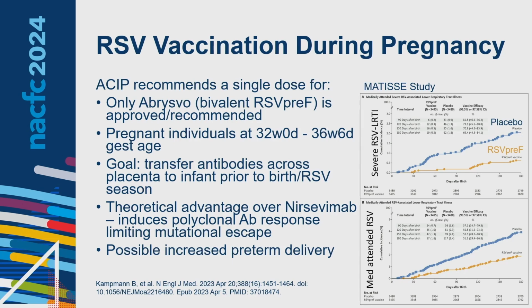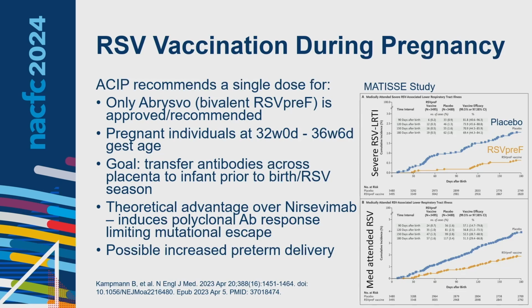You can see that the rates of severe lower respiratory tract disease due to RSV were significantly reduced, with an efficacy in the range of 70 to 80%, and the same for medically attended RSV. The goal of maternal vaccination is, of course, to vaccinate more than 2 weeks before delivery so that you get maternal transfer of antibodies across the placenta to prevent infection.